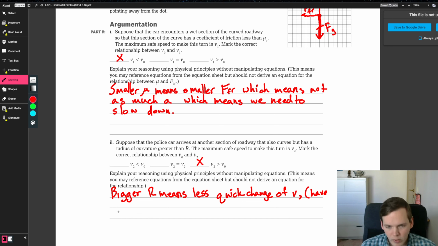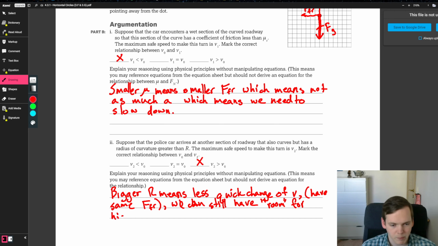If there's less quick of a change of velocity because we have the same frictional force, we can still have room for higher v.